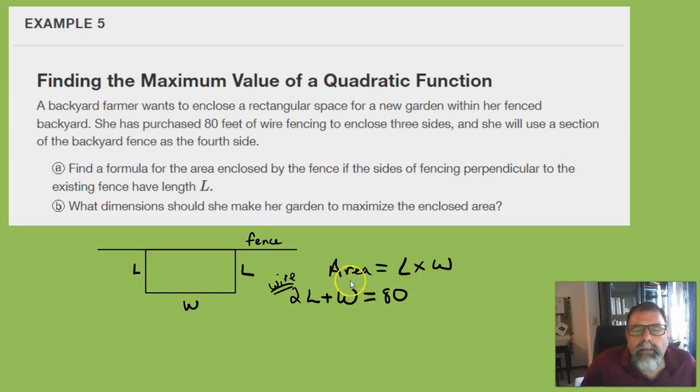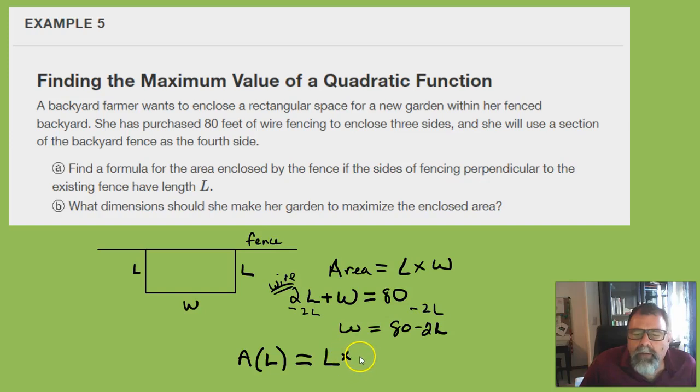And I want to write this as a function, find a formula for the area, so I just want to use one variable. So I'm going to solve this for W. If I subtract 2L from both sides, W is 80 minus 2L. So now I can write my area as a function of L, where I have L times W, but W is 80 minus 2L.